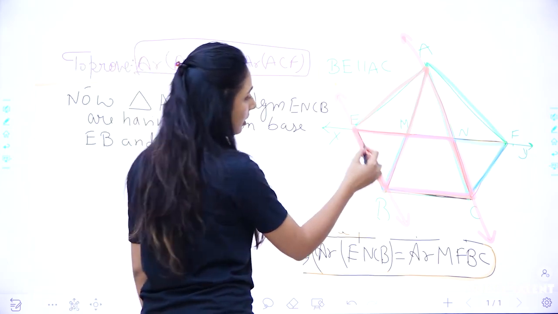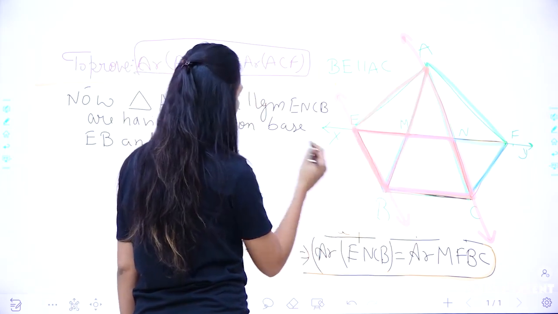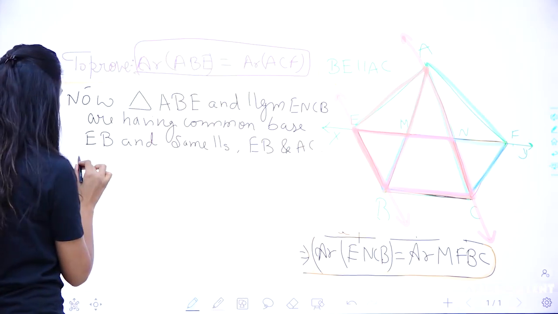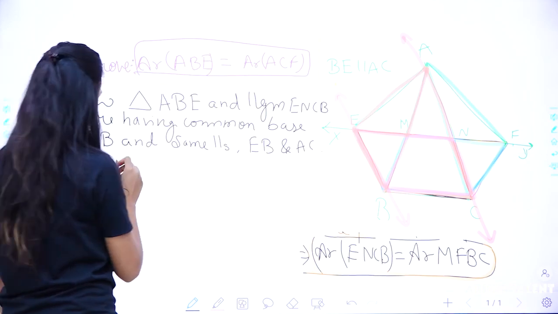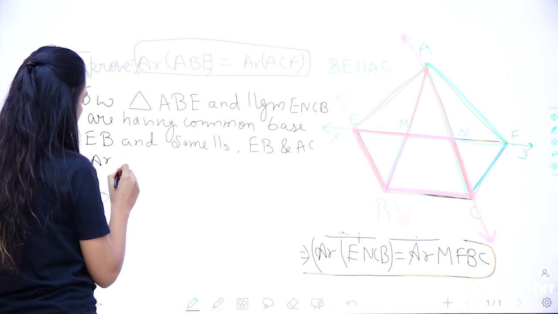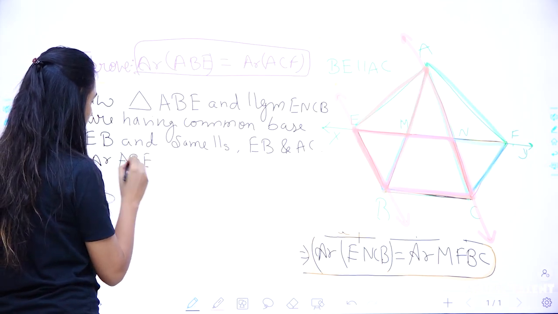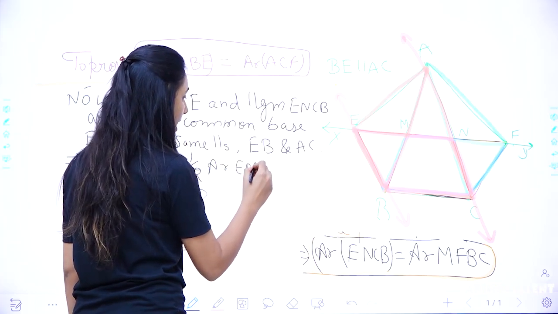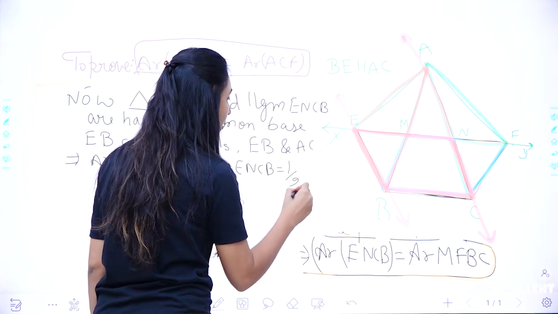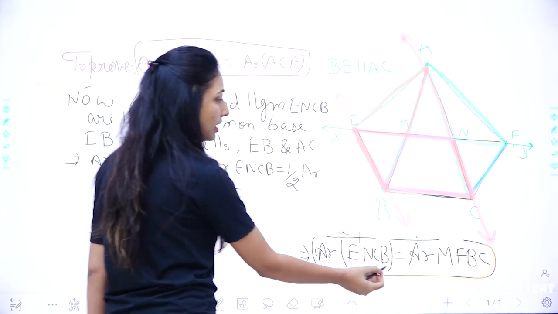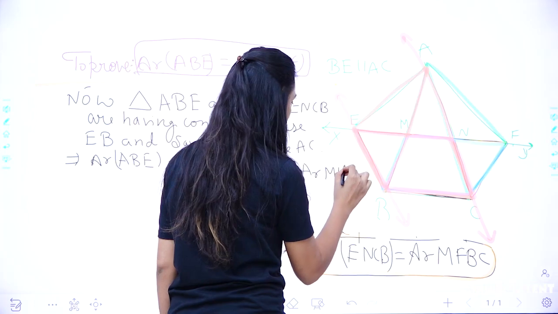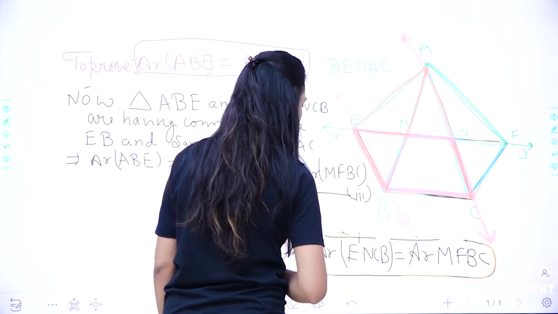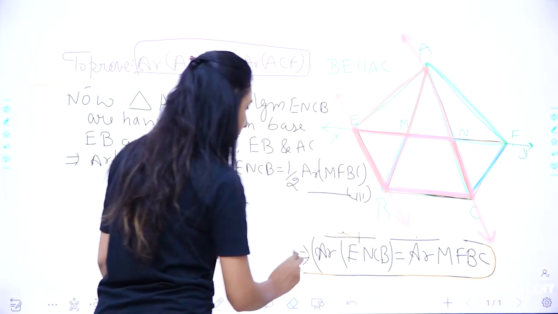What are the same parallels? EB and AC. This implies that area of triangle ABE is equals to half of area ENCB, or we can say half of area, because ENCB area is equals to MFBC, and this is the third equation of ours. Understood? Okay.